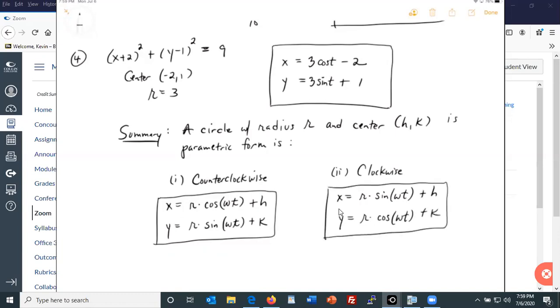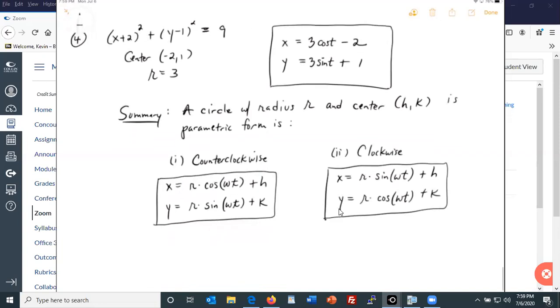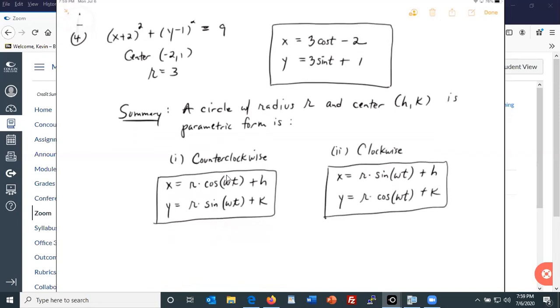So notice the formulas are almost identical, except the cosine and the sine will have to switch for the orientation. Now what's w here? Where w is the number of times the circle gets traced.